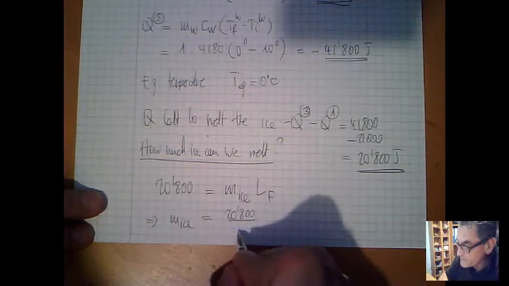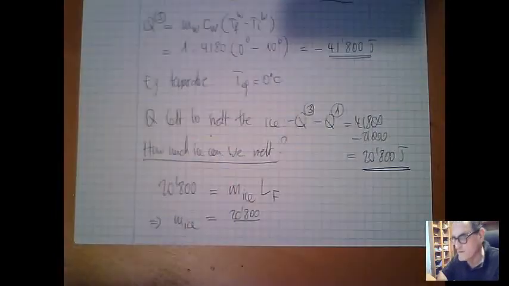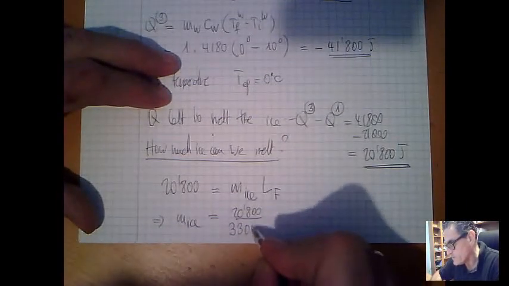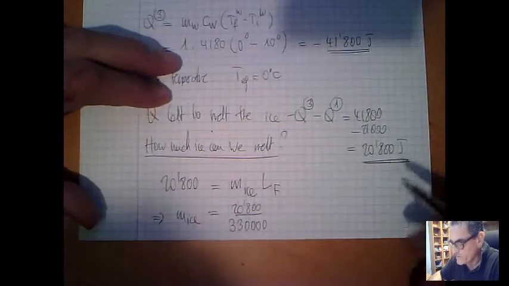Then we will be able to compute the mass of ice which has been melted as 20,800 divided by LF. So let me look for LF. Latent heat for water, fusion, it's 3.3 times 10 to the 5, so I add 4 zeros.